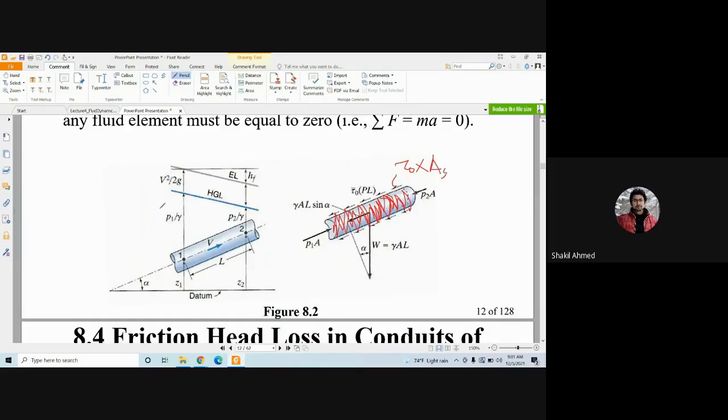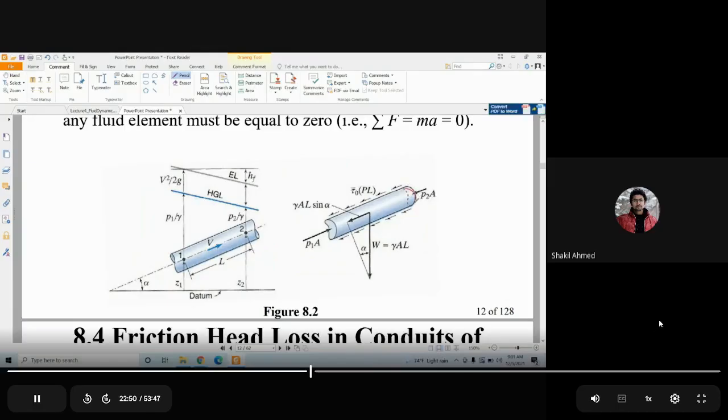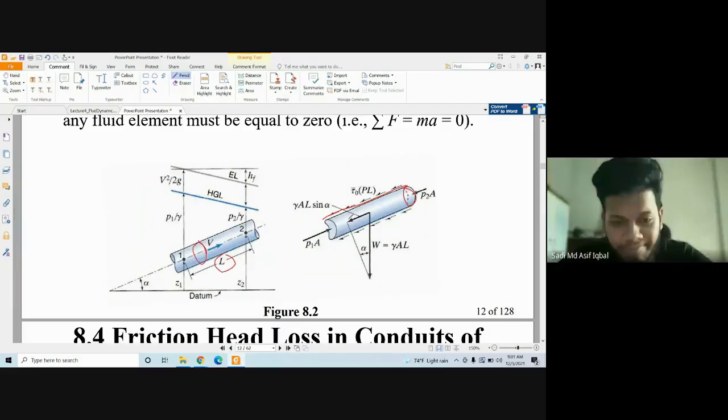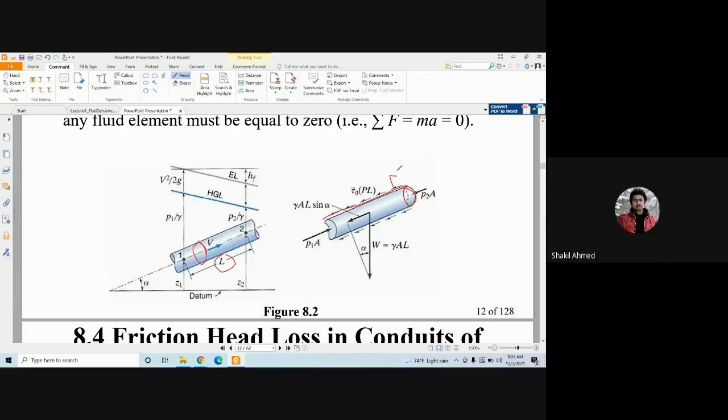What is this value, guys? The surface area is perimeter, twice pi R, multiplied by L, right? Are you following me? Then you'll get the surface area.